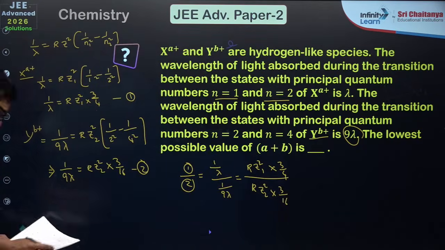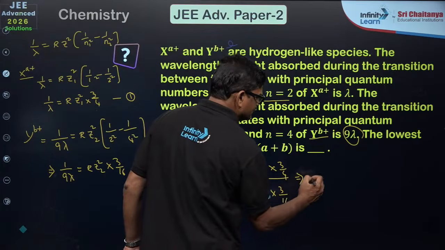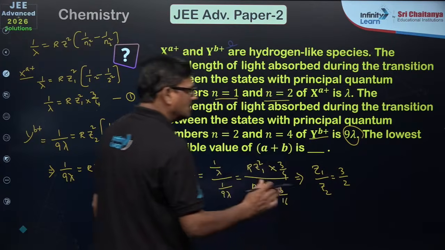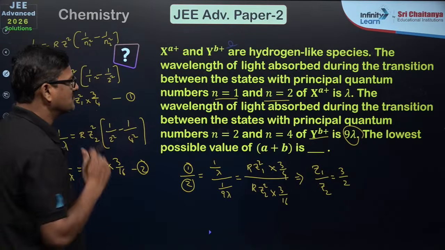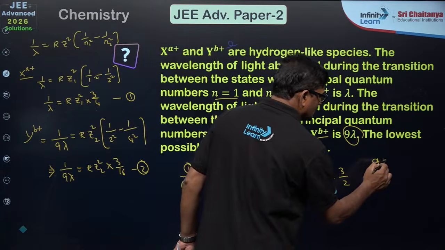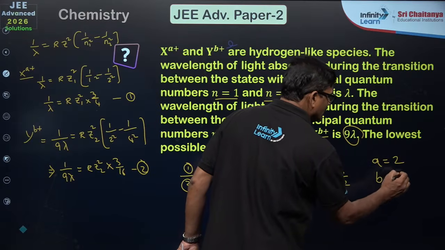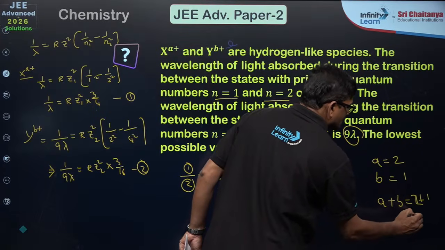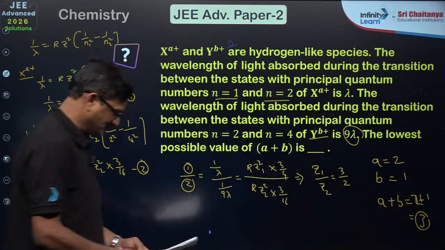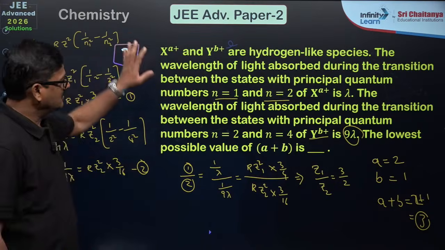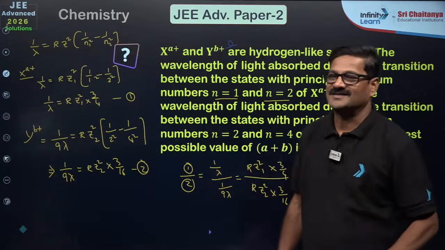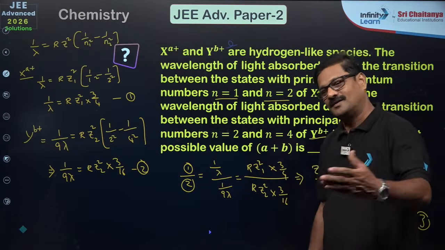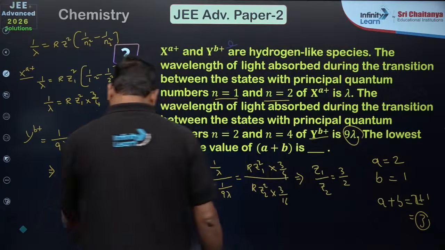So the Z1 by Z2 ratio comes to be 3 by 2. So the lowest possible values are A equal to 2 and B equal to 1. A plus B is 2 plus 1, which is 3, the answer for this question. So it is a simple Bohr's atomic theory hydrogen spectrum analysis. If you have any doubts, please let us know. You might have done this kind of question in your mock tests. So let's see the next question.